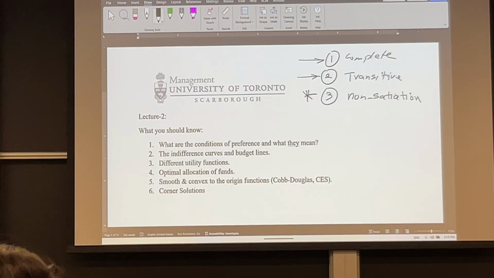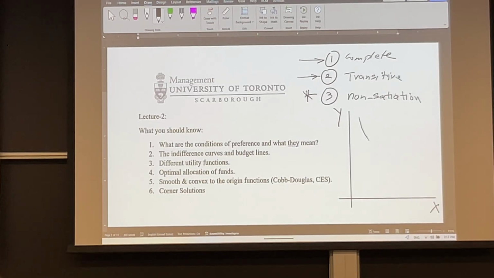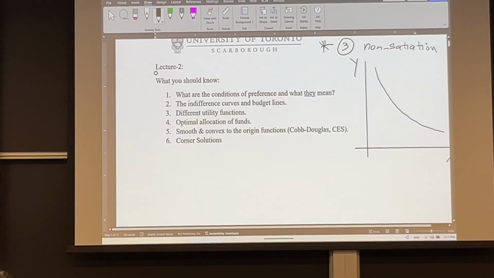Anyway, the indifference curve is defined as the locus of all bundles yielding the same satisfaction. And typically, not always, typically it looks convex. Typically. It cannot be upward sloping.